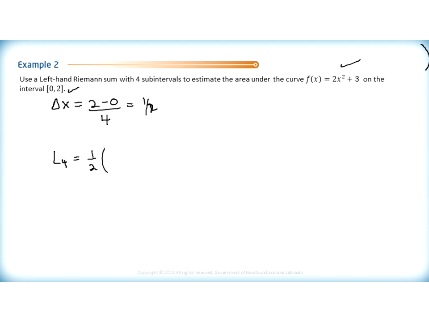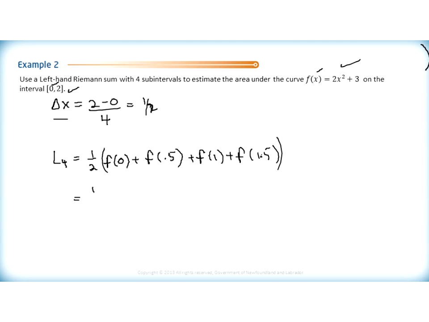Okay, so the first one is going to be f of, our first one for the left-hand intervals here is going to be 0, plus, then we're going to have f of 0.5, because one interval width away from 0 will be at 0.5, then f of 1, and f of 1.5, which should be a half a unit shy of the right endpoint since I'm doing the left sum, which it is.